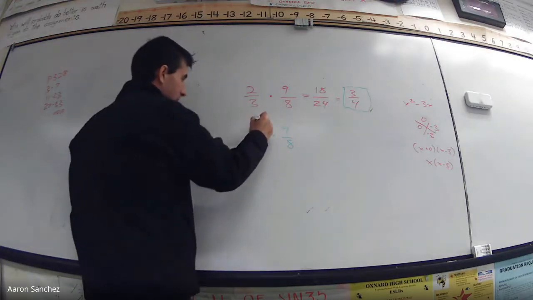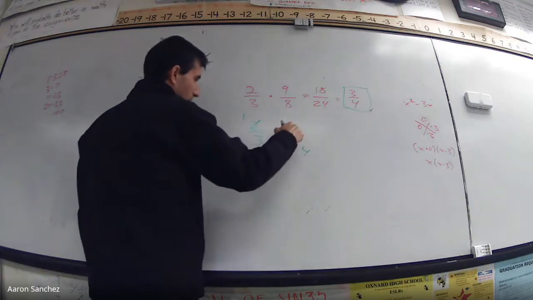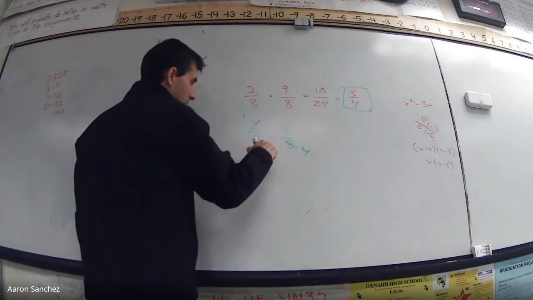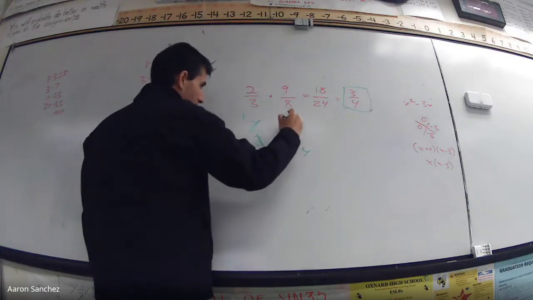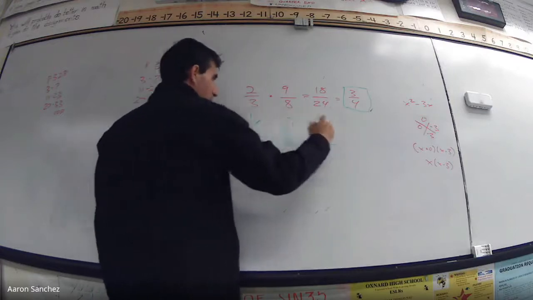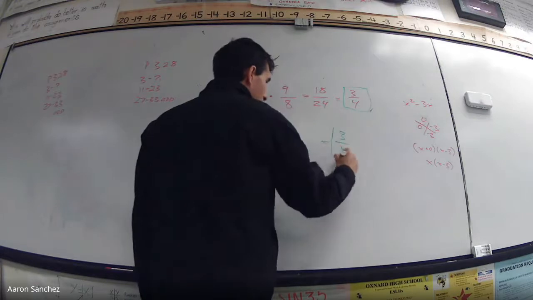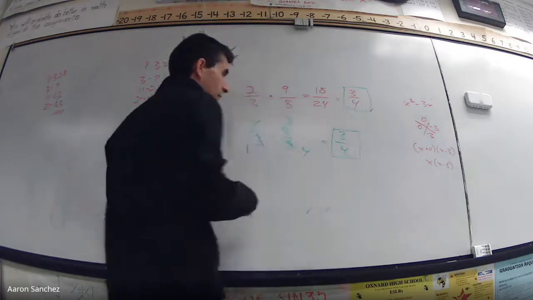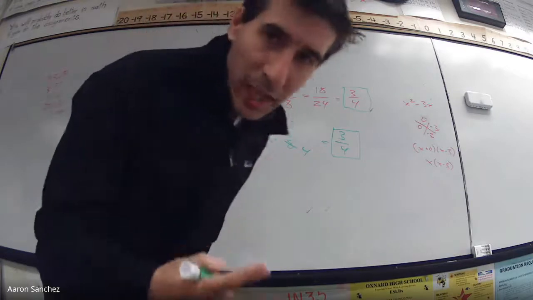So 2 divided by 2 is 1. 8 divided by 2 is 4. And then 9 and 3 are both divisible by 3. 3 divided by 3 is 1. 9 divided by 3 is 3. And now I can multiply across. 1 times 3, 1 times 4. And now look, when we cross-reduce, we don't have to reduce the fraction. Okay? That's the second way to do it.